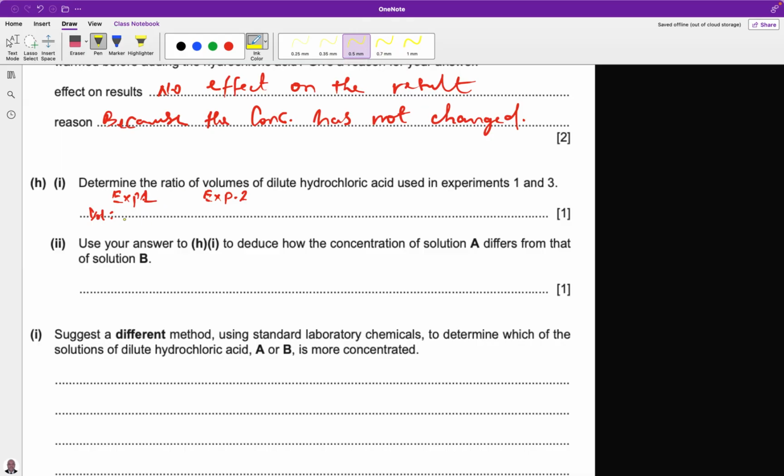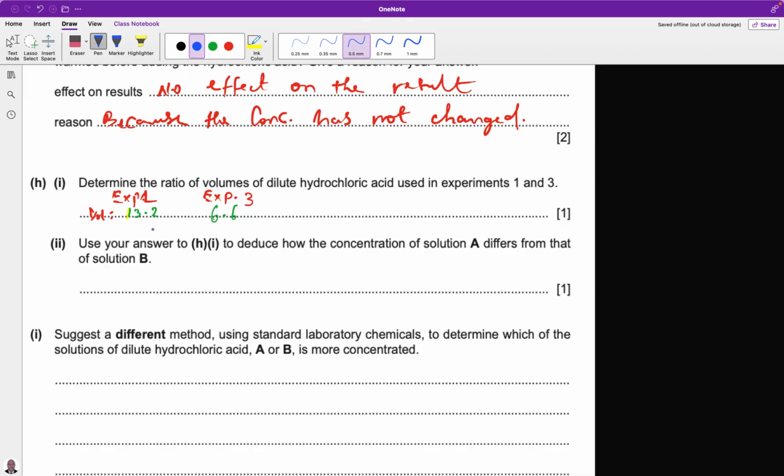And the volume for experiment 3 was 6.6. Okay, we have 13.2 and 6.6.